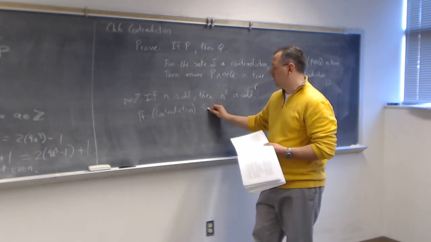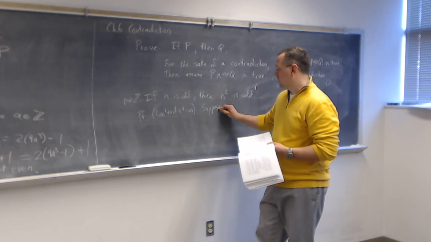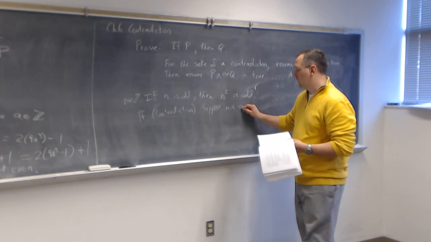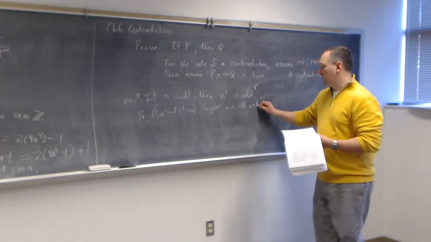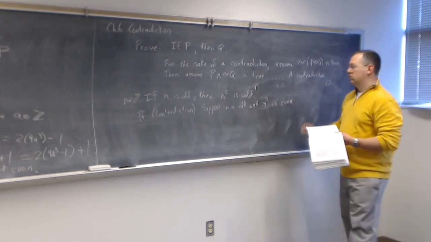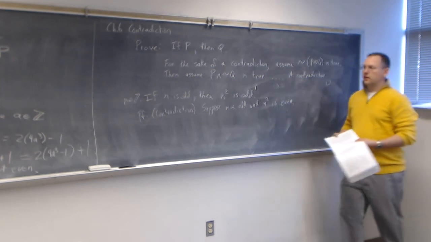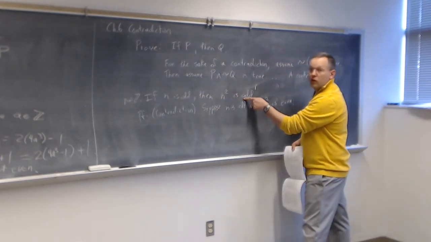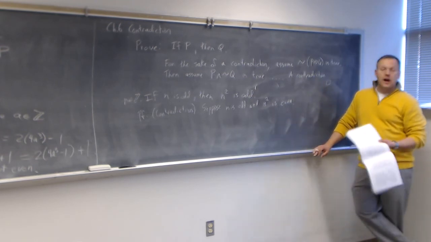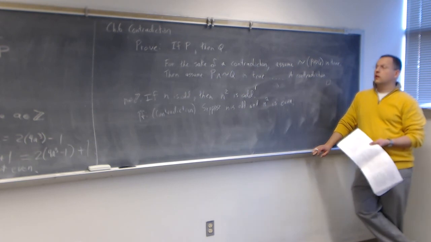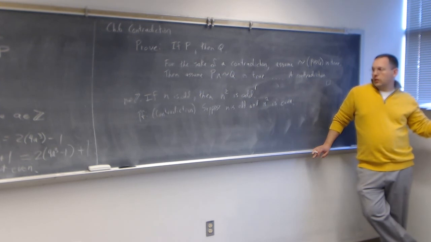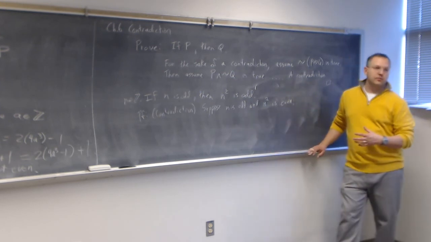I would say something like, suppose n is odd and n squared is even. That is P and not Q. You could even literally say, suppose n is odd and n squared is not odd, if you want to literally assume P and not Q. But that's basically what you would start with for this type of proof technique.